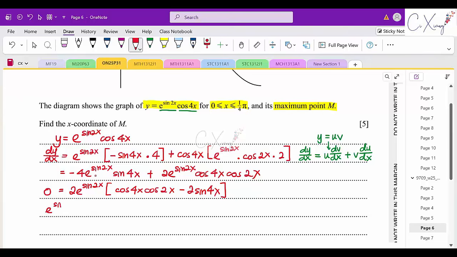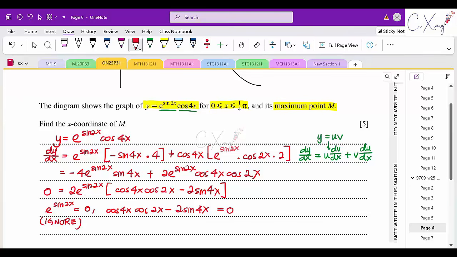So I have two equations here. e to the power sin 2x equals 0, then cos 4x cos 2x minus 2 sin 4x equals 0. This part, if you try to take log on both sides, you realize you'll get a math error, because ln 0 is a math error, so you cannot solve it from this part.